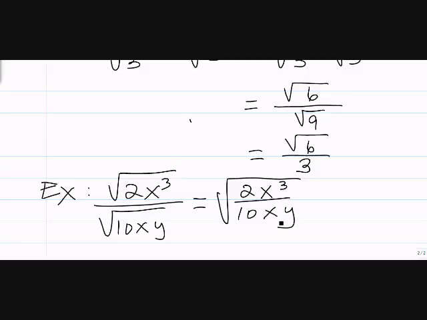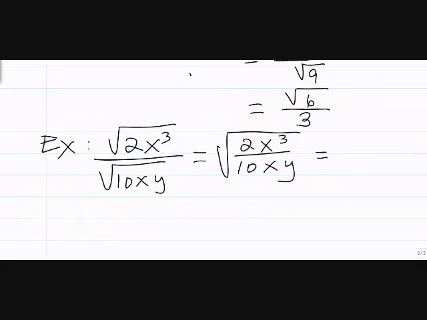Now we'll have your y in the denominator like you wanted. Simplify this fraction. 2 over 10 is the same thing as 1 over 5. X cubed over x is x to the 3 minus 1, which is x squared. There's nothing I can do with that y, so that's staying in the denominator.